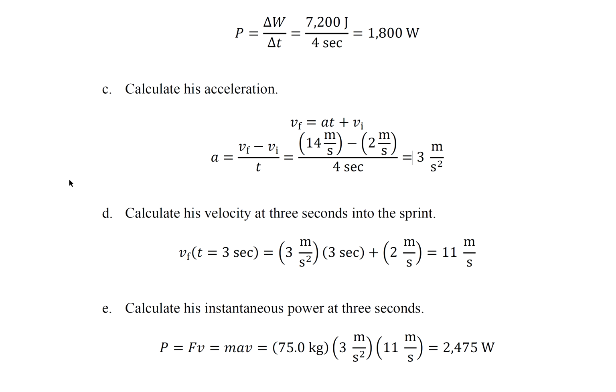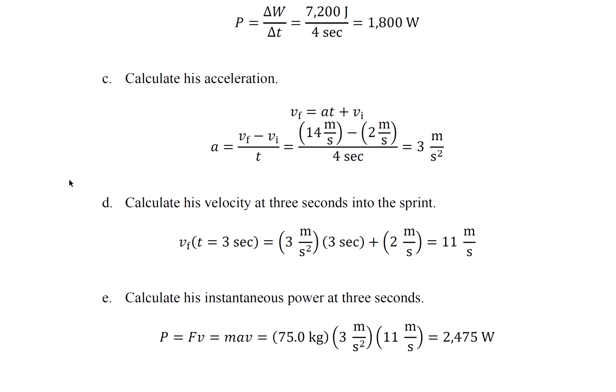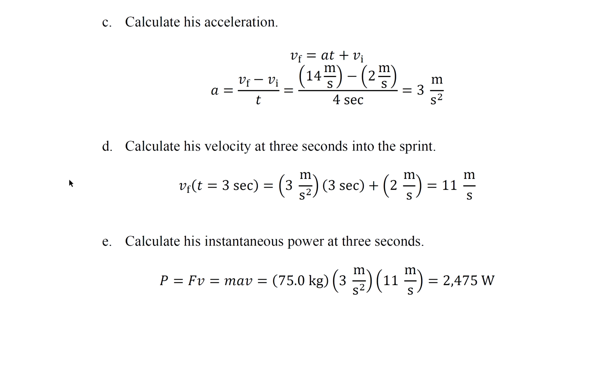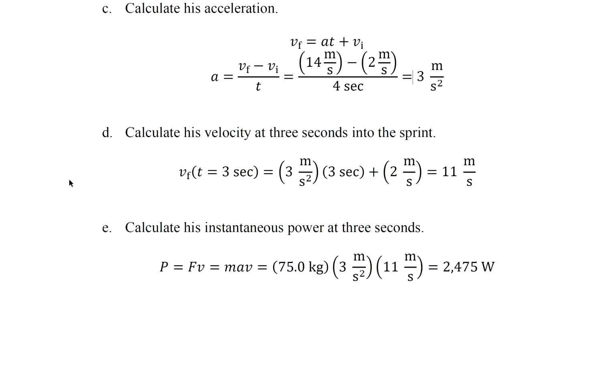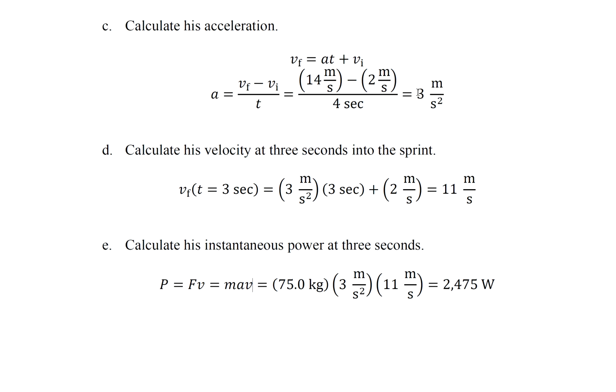So we're going to use the equation V equals AT plus U, or V final equals AT plus V initial. Part E, calculate his instantaneous power at 3 seconds. So this is the velocity at 3 seconds, and F is equal to ma. So we know m, we know a. A from part C.